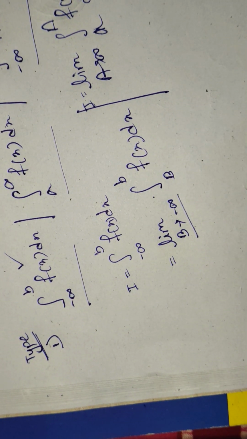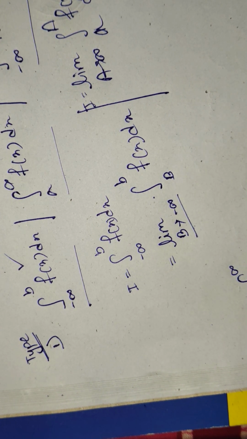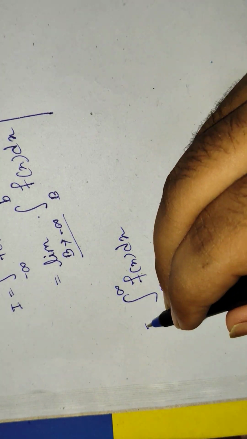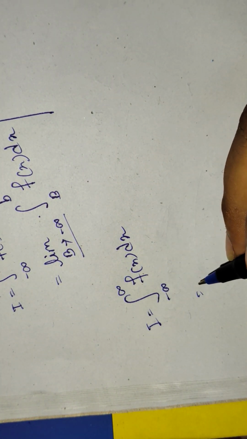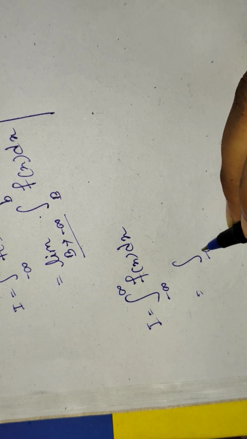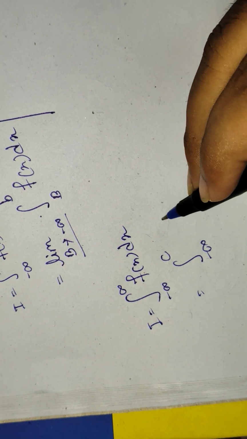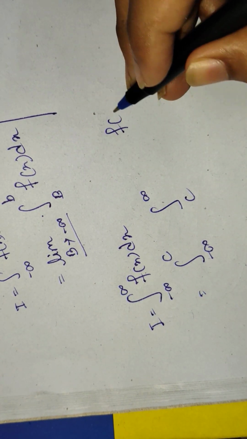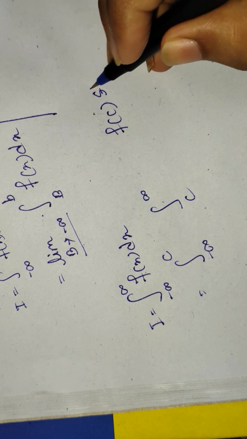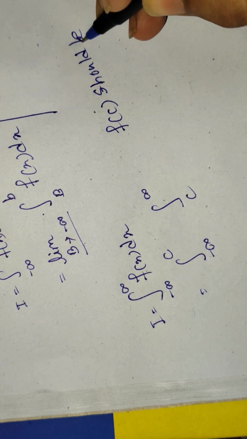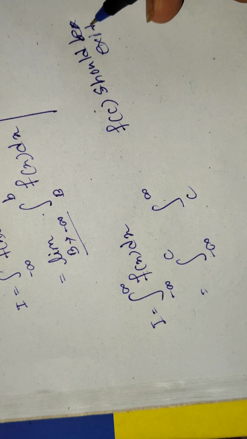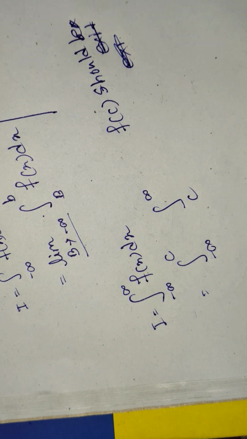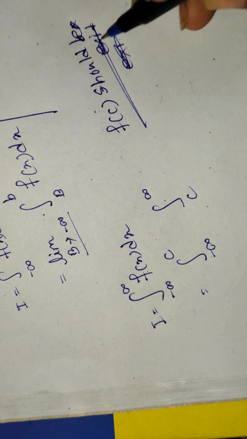Now what about this case? This is the important case. Now we are talking about minus infinity to plus infinity of f(x) dx. We have to break the limit at some point, say c: minus infinity to c, and c to infinity. Point to be noted, f(c) should exist. My spelling is very bad, however just ignore it.